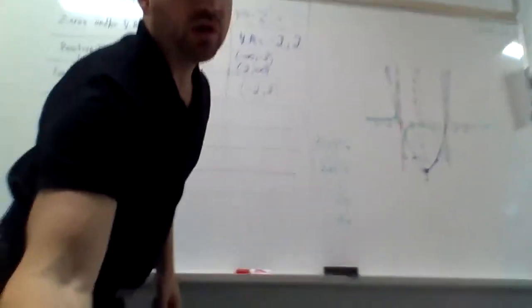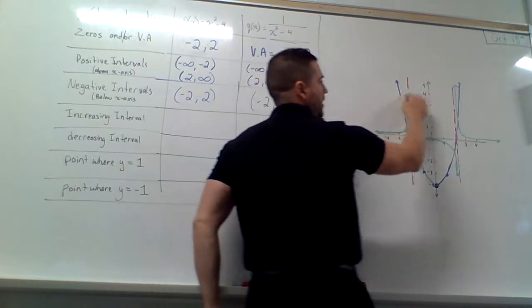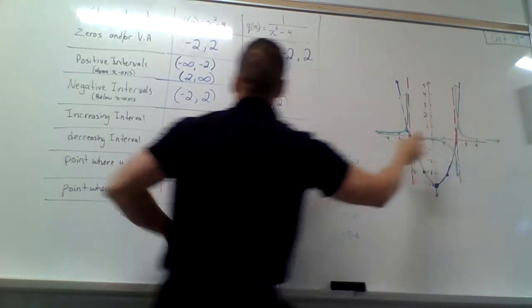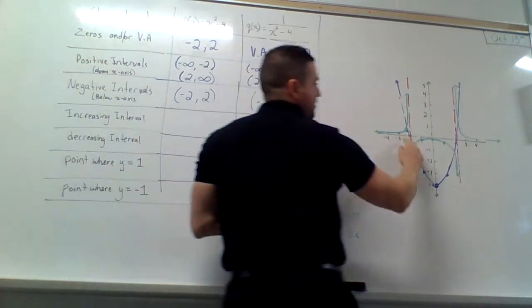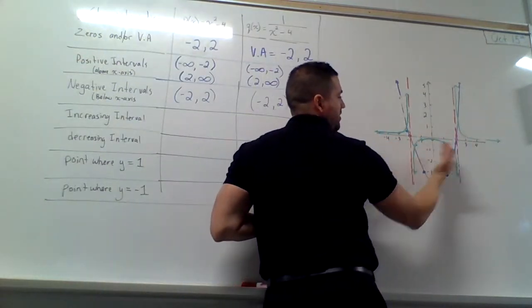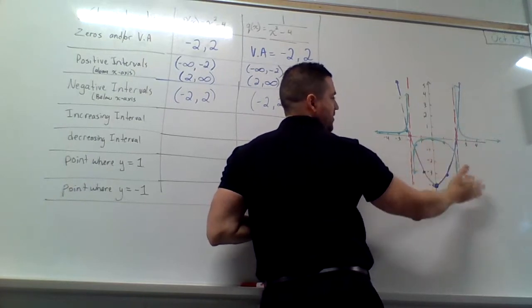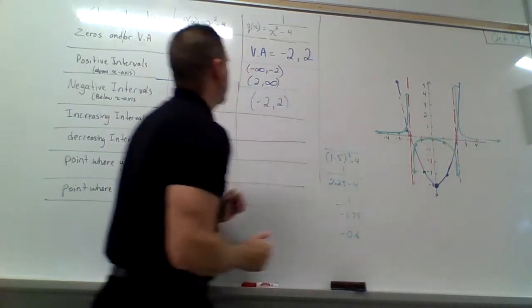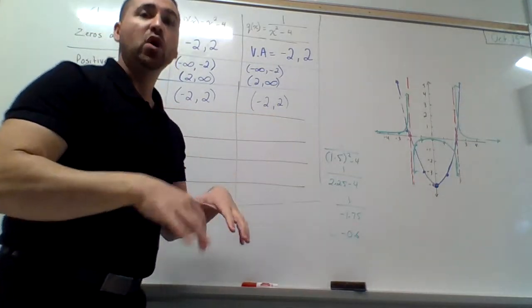You'll also notice that the reciprocal function is above the x-axis here and above the x-axis here. So they're the same. They're both above the x-axis. And then in between -2 and +2, your quadratic is below, and your reciprocal function is down here as well. So between -2 and +2, you also have them below the x-axis.